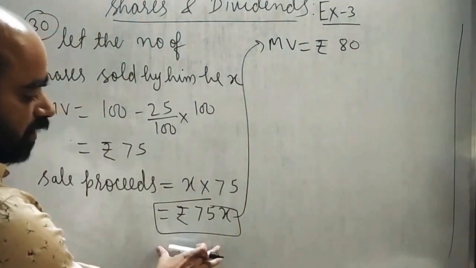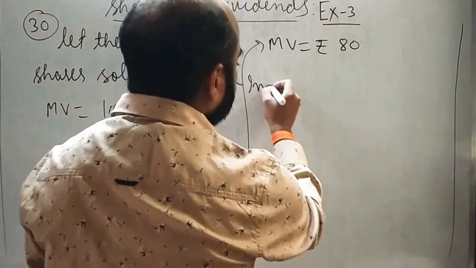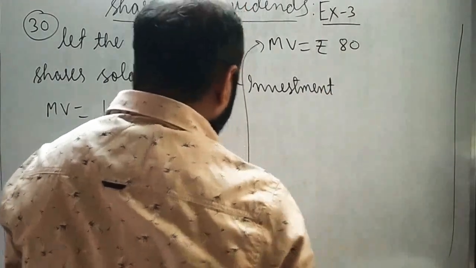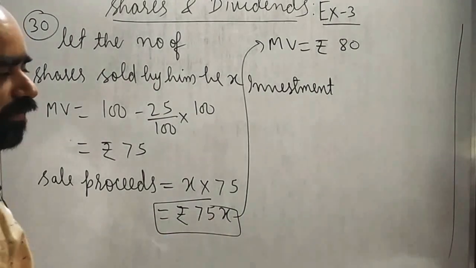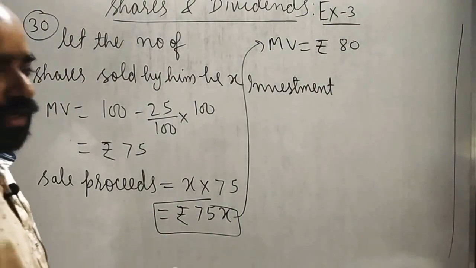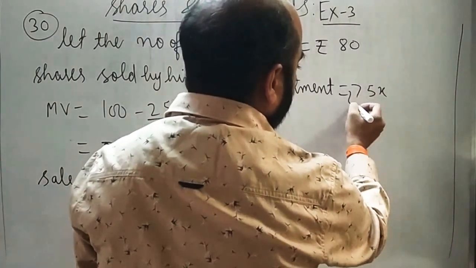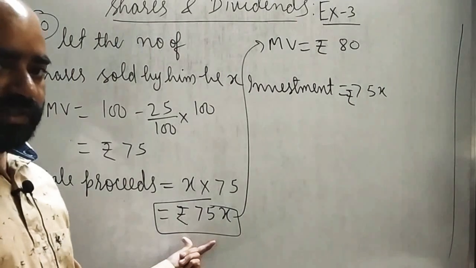He has the total amount 75X. So the investment amount is 75X, and we can find the number of shares purchased. This will be his investment amount.